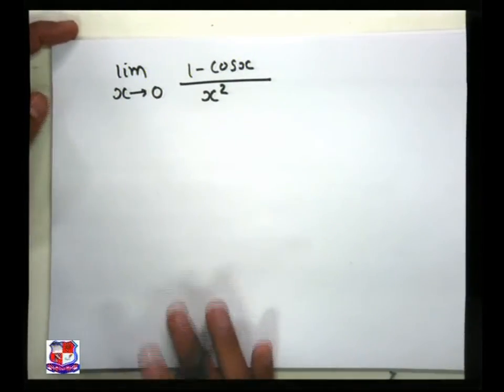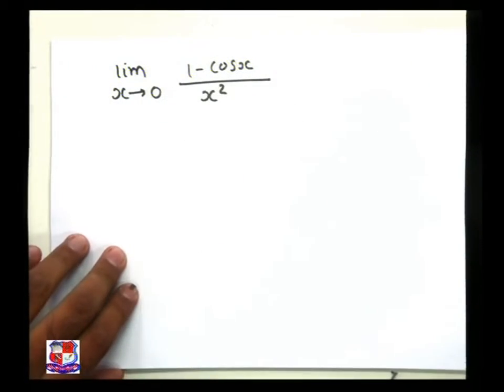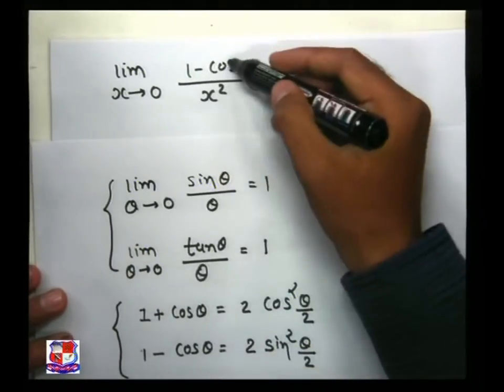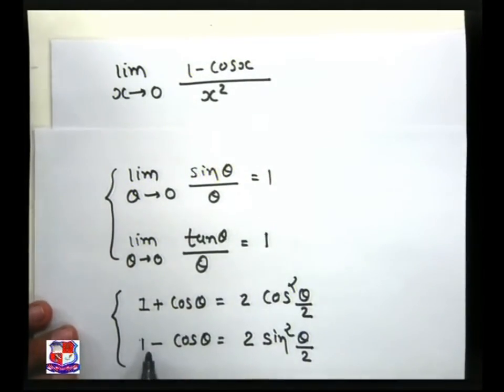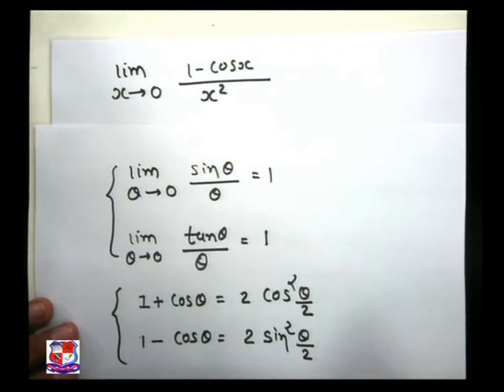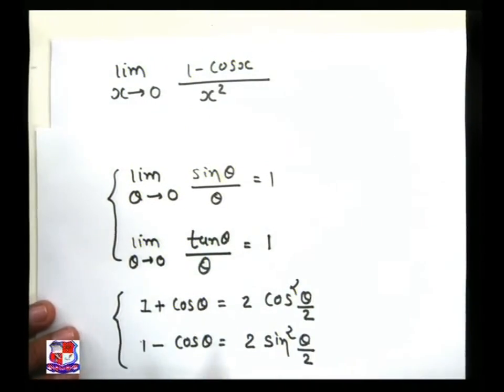If you recall the 1 minus cos x formula and the 1 plus cos x formula, then for 1 minus cos x the base formula is that we can write 2 sin square theta by 2. So we write it here, 2 sin square theta by 2.